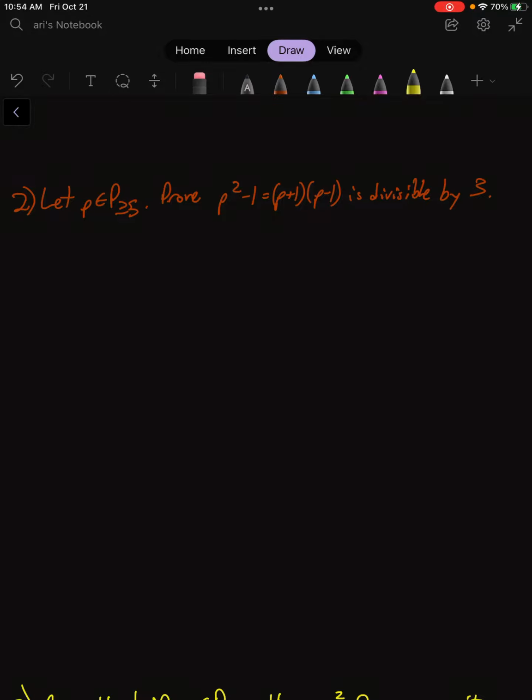And this one, when I look at it, I immediately think of an intuitive argument that there's a reason we're specifying this. Like, we know that p squared minus 1 is factorable like this. It's a difference of squares. So why are we specifying this?